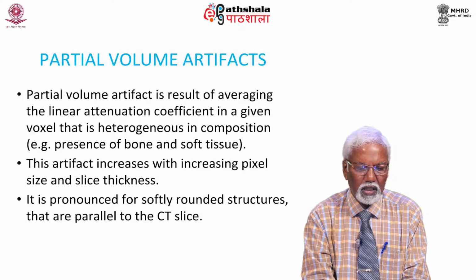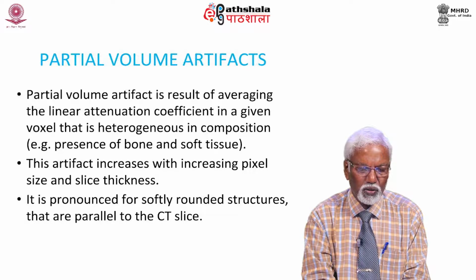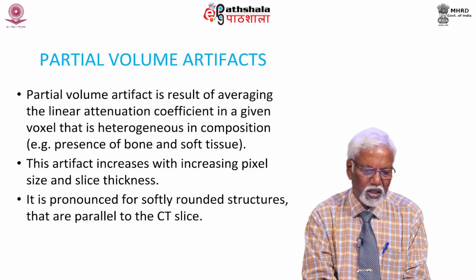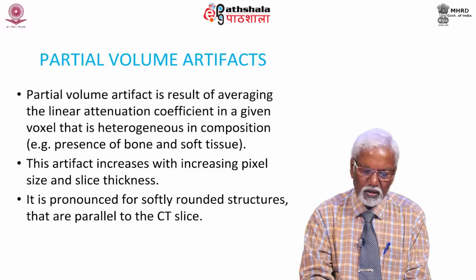The partial volume artifact is the result of averaging the linear attenuation coefficient in a given voxel that is heterogeneous in composition, for example presence of bone and soft tissue. This artifact increases with increasing pixel size and slice thickness. It is pronounced for softly rounded structures that are parallel to the CT slice.